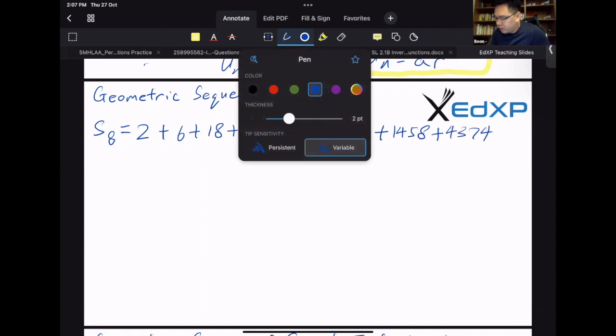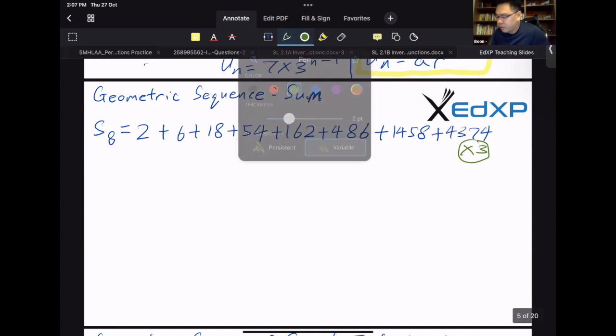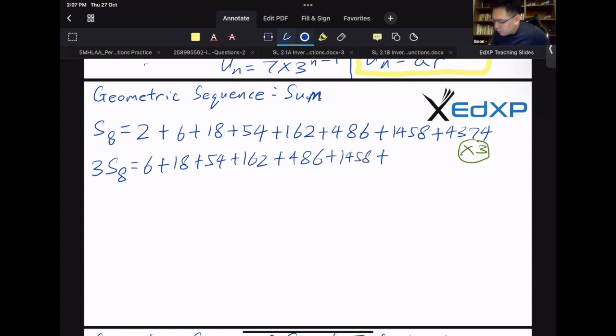In order to get the general formula, what I will do is multiply the entire equation by the common ratio, which is 3. So what do we get? 3 times S8 on the left, and over here, 6 plus 18 plus 54 plus 162, and so on.